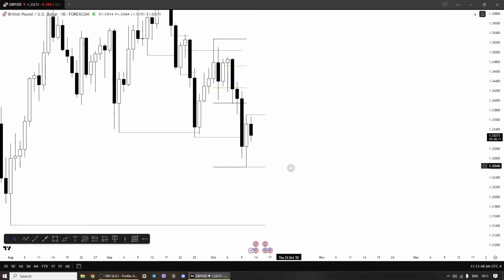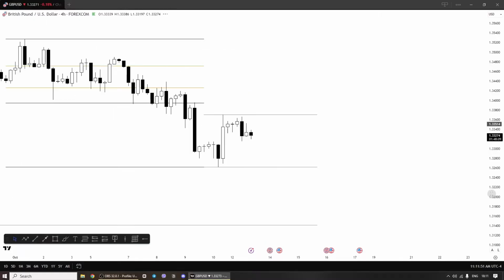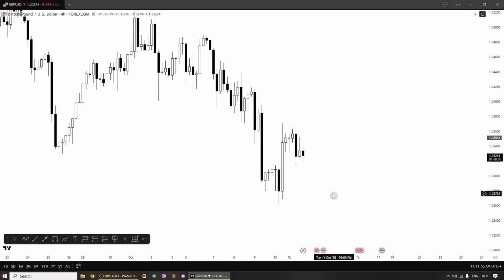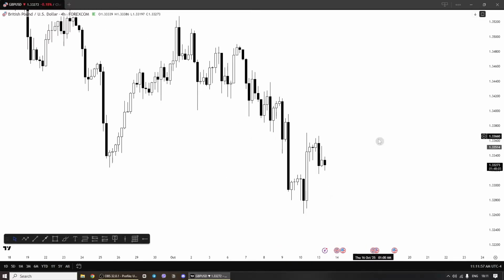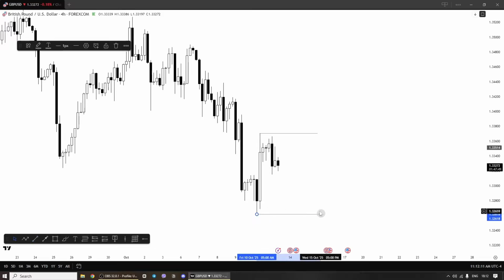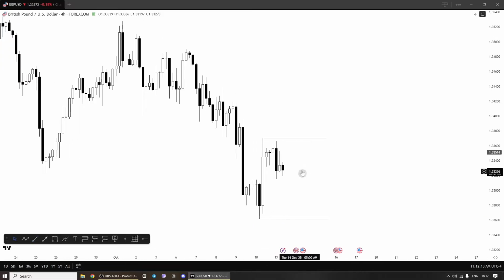I still do not have a video about key levels, but I am going to make a video about that and how to choose what to trade. For this moment, I will mark my Friday range, and now I would need a key level to give me a sponsorship down.